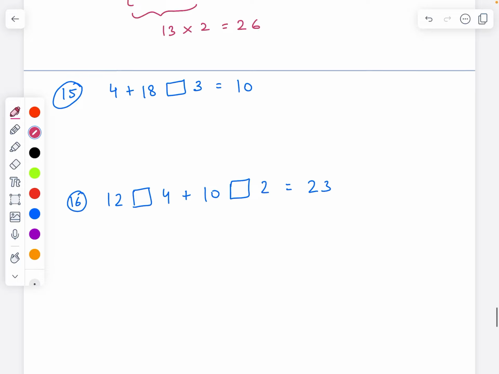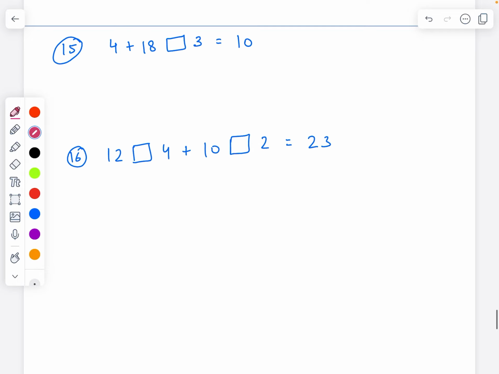Next up is a type of question where we are required to plug in an operator that yields an answer of 10. So 4 plus 18 something by 3 is equal to 10. If I do 4 plus 18, it's going to give me 22. Now 22 plus or minus anything would not give us 10, right?